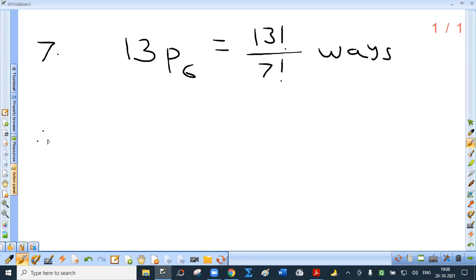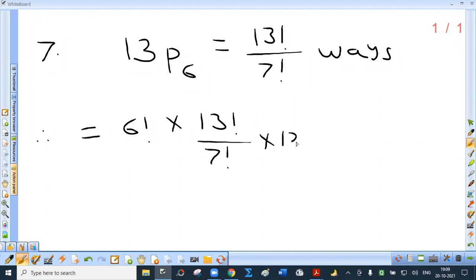Therefore, the total number of possible arrangements for a group photograph equals 6 factorial into 13 factorial upon 7 factorial into 12 factorial.